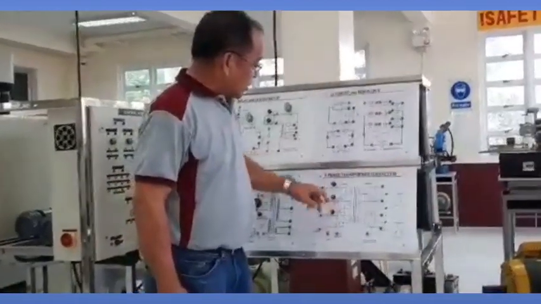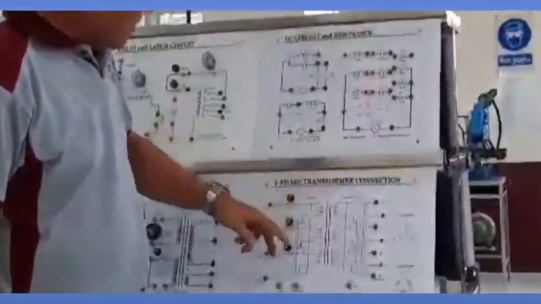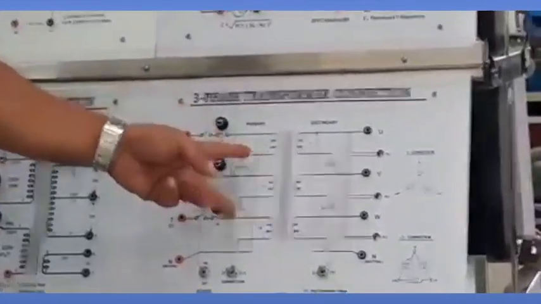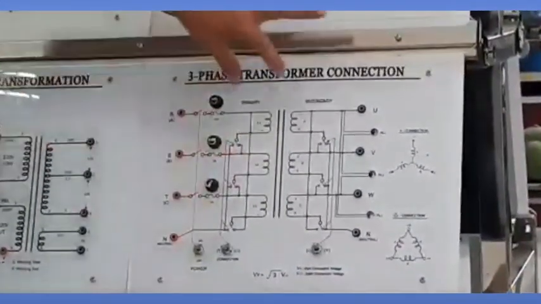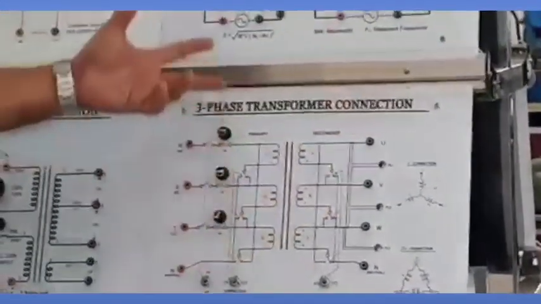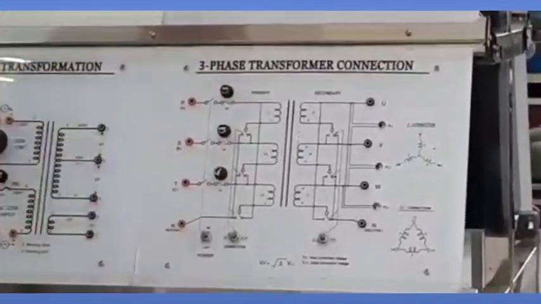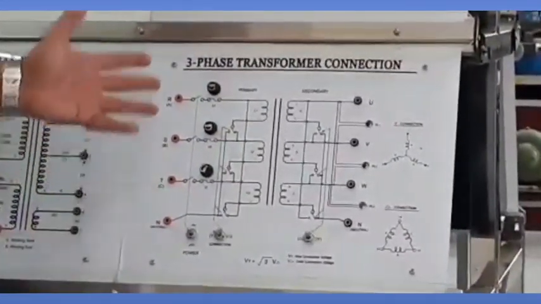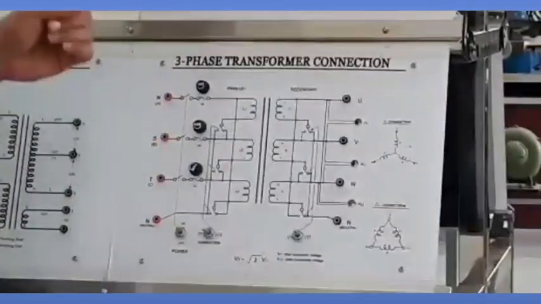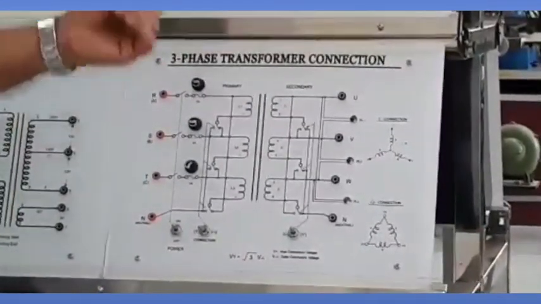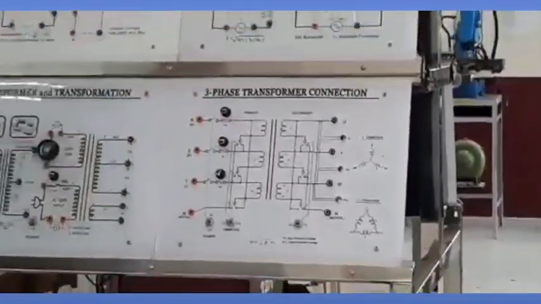So, make sure that all of you are familiar with the polarity testing of each transformer before we proceed with the connections of these three single-phase transformers into one single three-phase transformer.